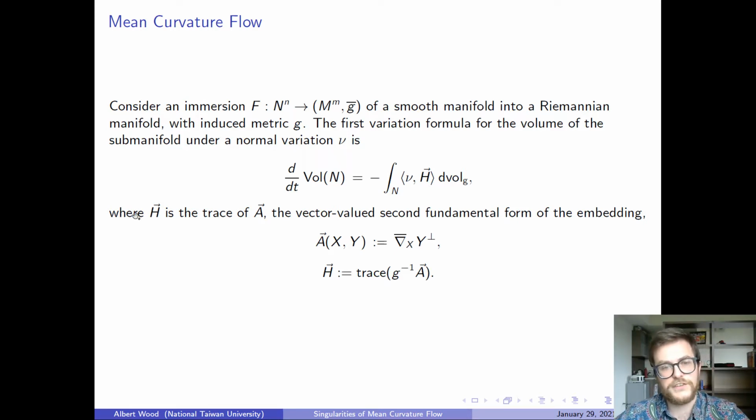And the mean curvature vector is the trace of this vector-valued second fundamental form, and the vector-valued second fundamental form is just the normal part of the ambient covariant derivative of the ambient manifold.